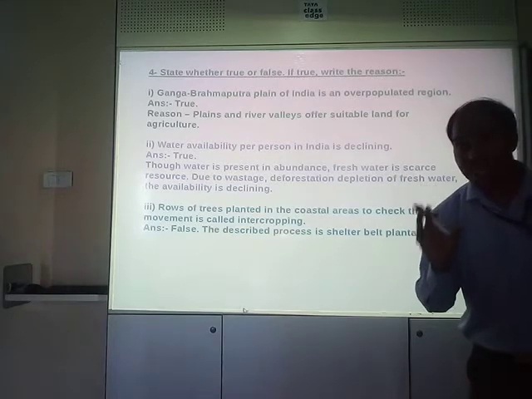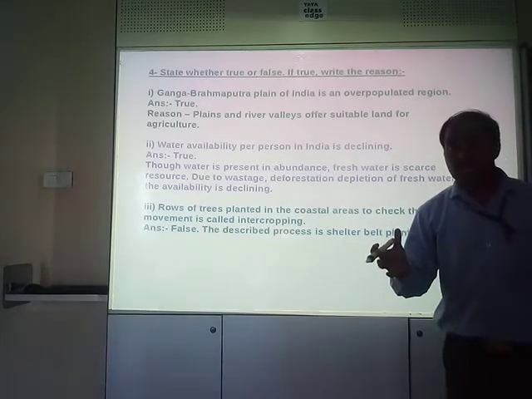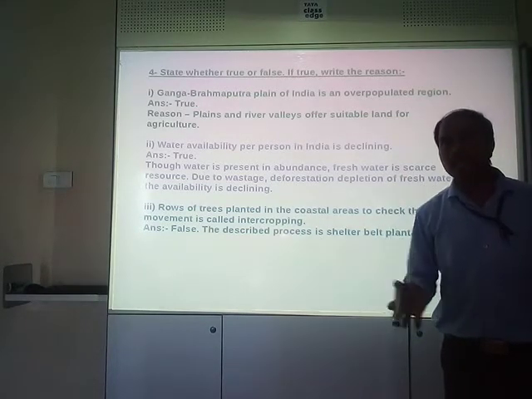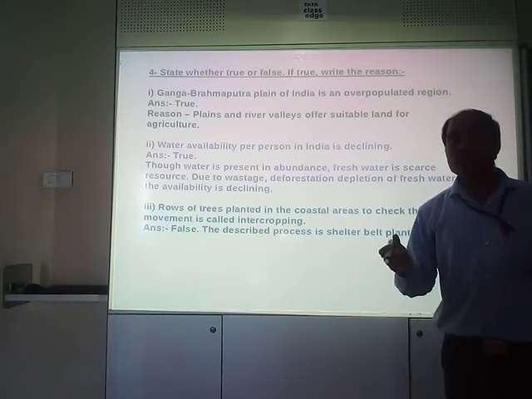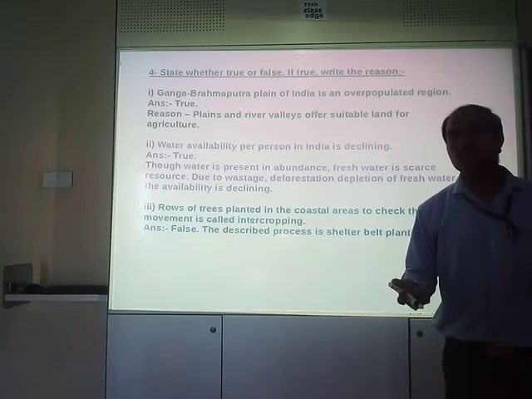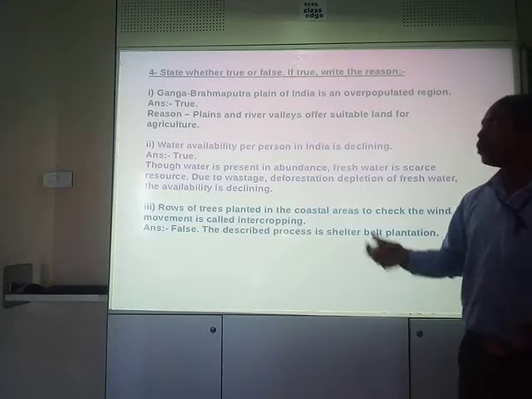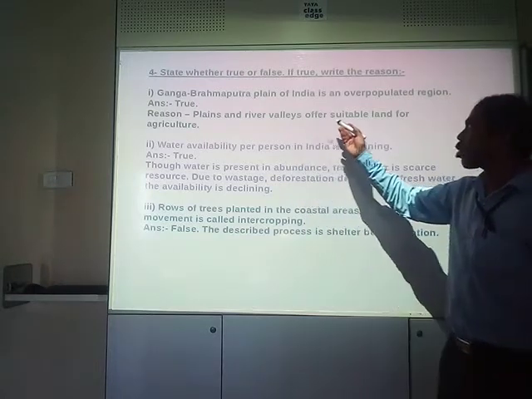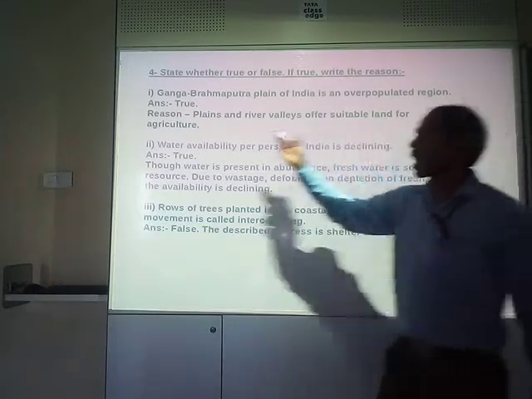It is a very fertile plain, and wherever the land is fertile, people can usually do agriculture there, right? So the plains and river valleys offer suitable land for agriculture.